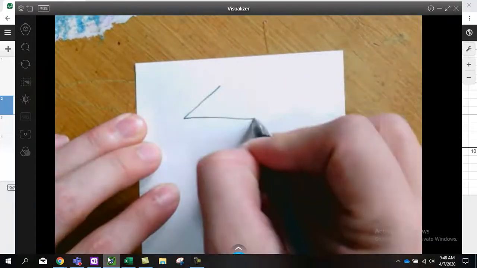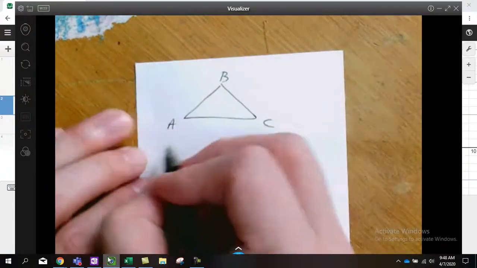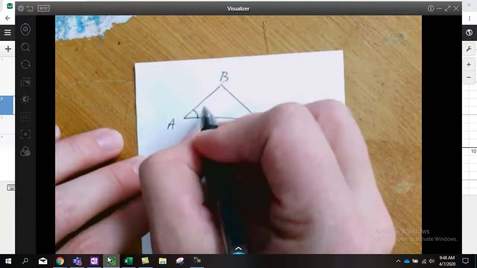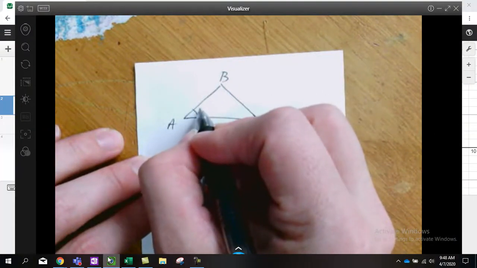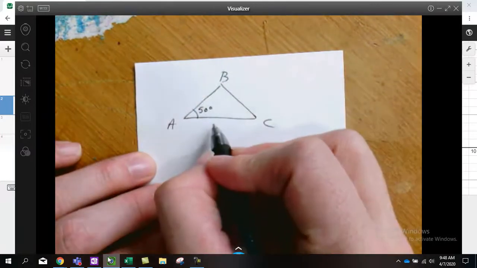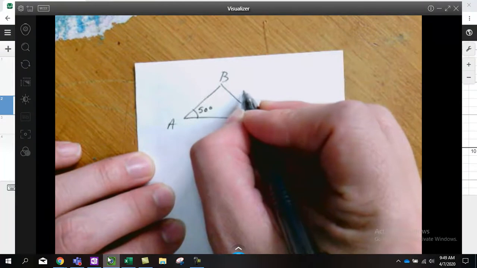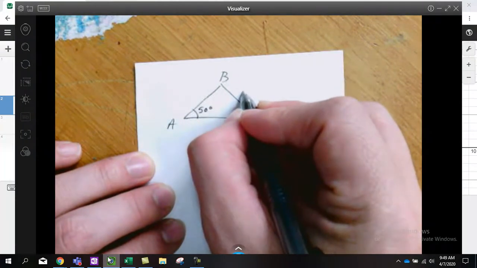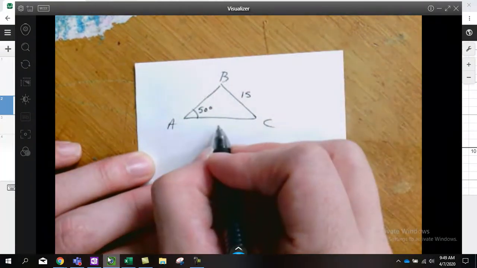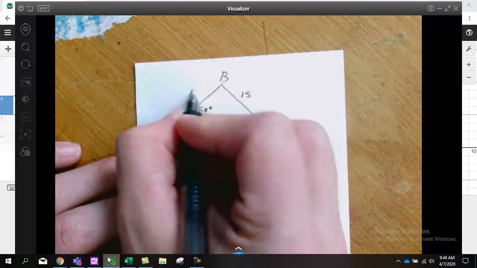We've got ourselves a triangle, we'll call this A, B, C. Let's say that I tell you angle A is 50 degrees, and side A over here is going to be 15, and side C is going to be 13.